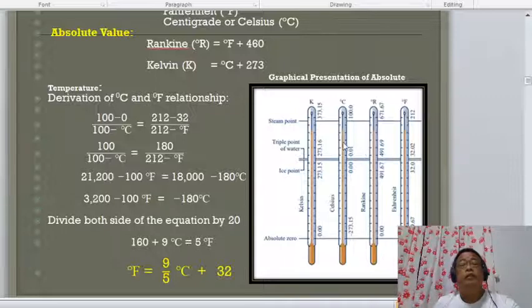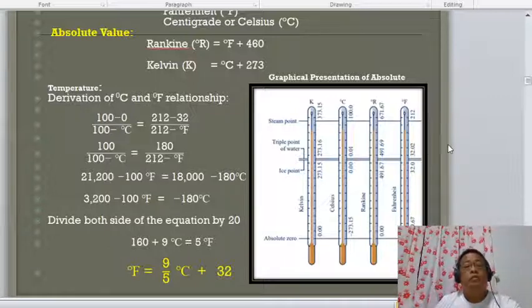Okay? So we have here the Kelvin scale and the Celsius scale, the Rankine, and the Fahrenheit scale.